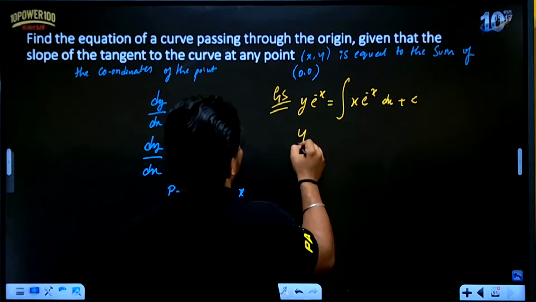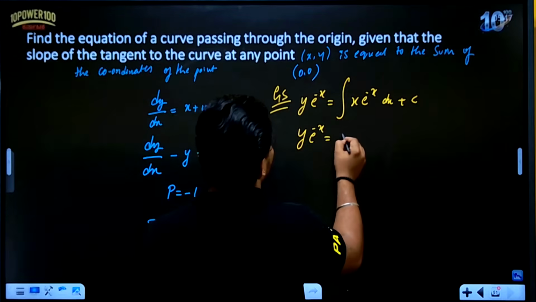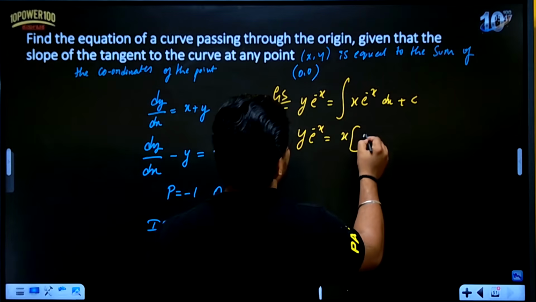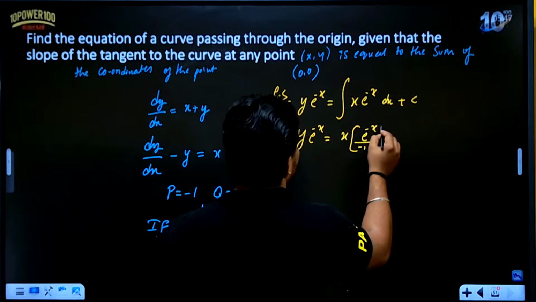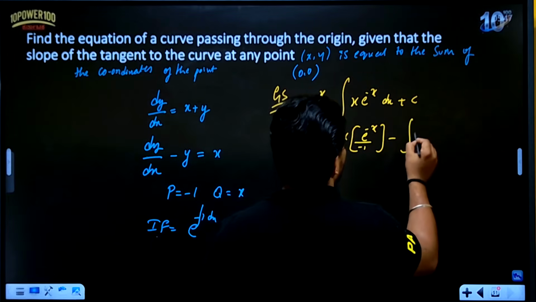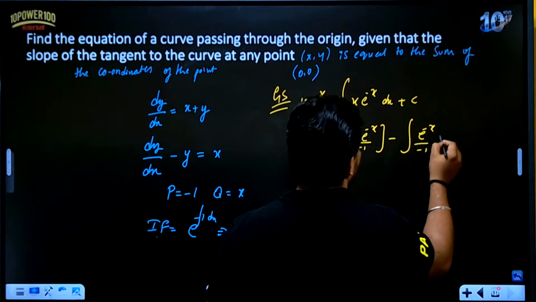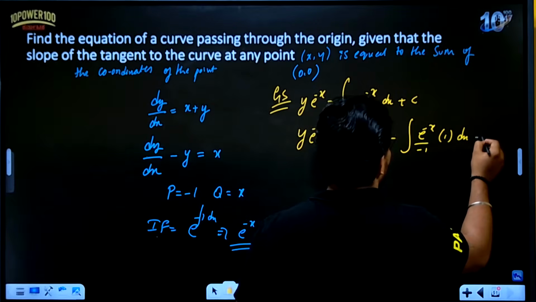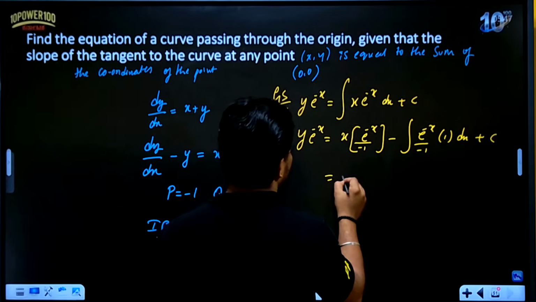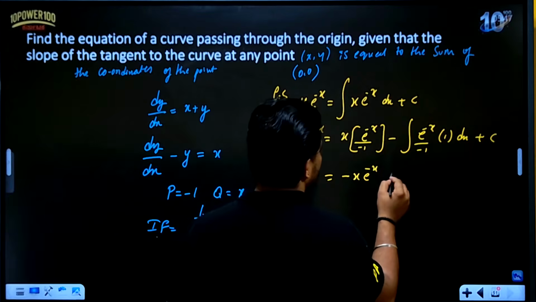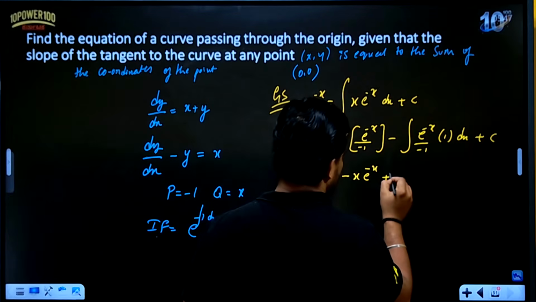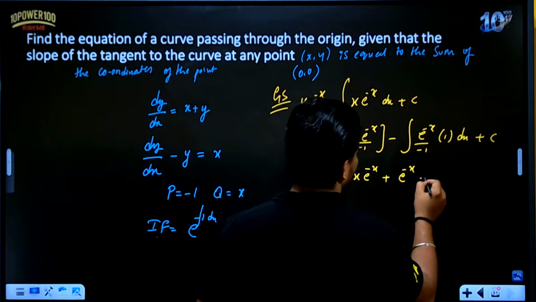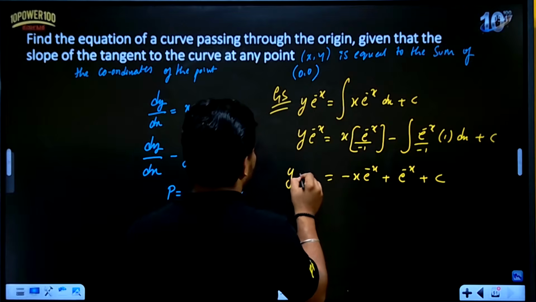So y e to the power minus x is equal to x times e to the power minus x divided by -1, minus integration of e to the power minus x divided by -1 into 1 dx, plus c. So solving, it is minus x e to the power minus x plus e to the power minus x plus c. So this is y e to the power minus x.